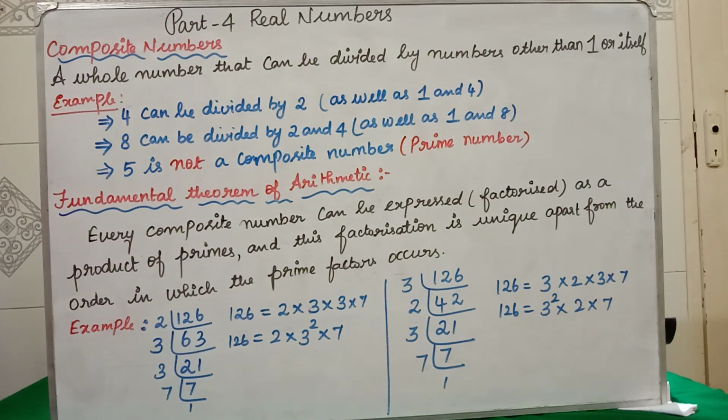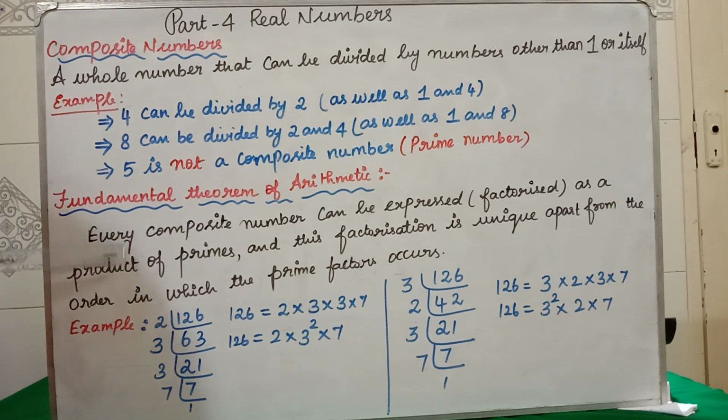Okay, I will explain with an example. Consider the example 126. First tell me, 126 is a prime number or composite number? 126 is a composite number. We all know 126 is a composite number.